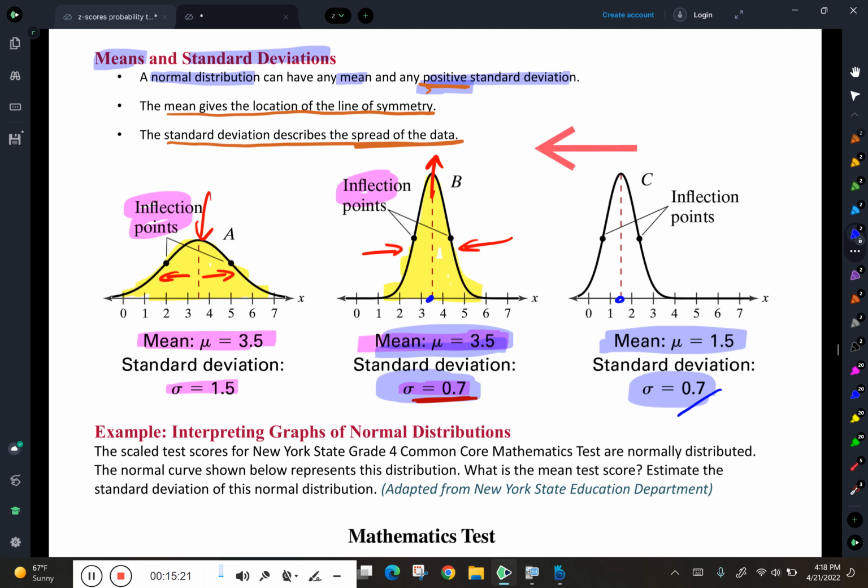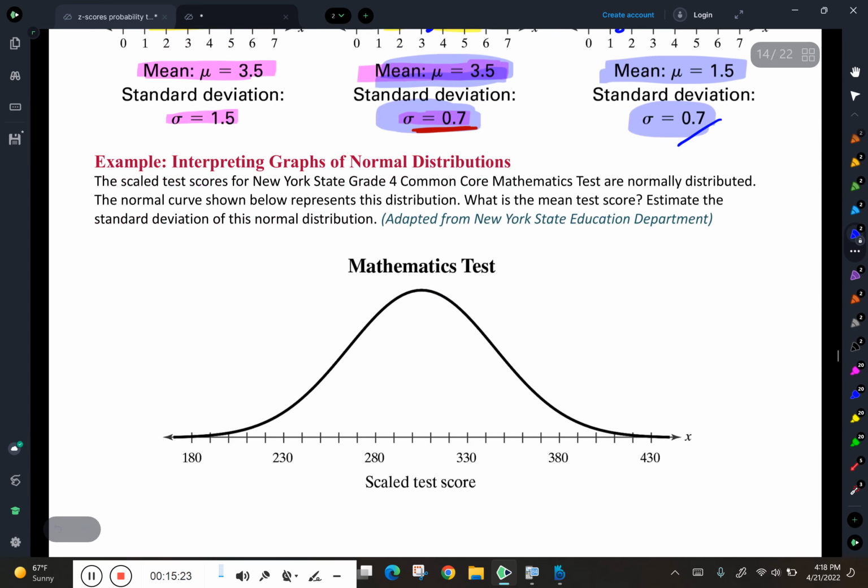All right, let's take a look at an example. Here I have the scaled test scores for the New York State Grade 4 Common Core Mathematics test, and I am told that these scores are normally distributed. All right, get comfortable with that phrase.